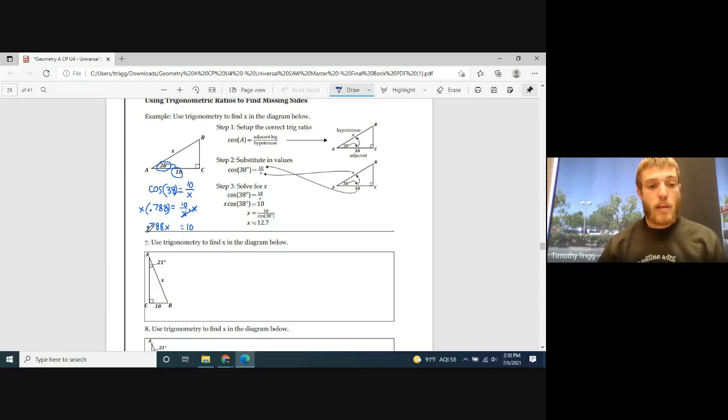To get x by itself, we divide by 0.788. So that'll give us that x equals 10 divided by 0.788, and you get 12.69, or roughly 12.7. Okay, so we got the same answer as they did.